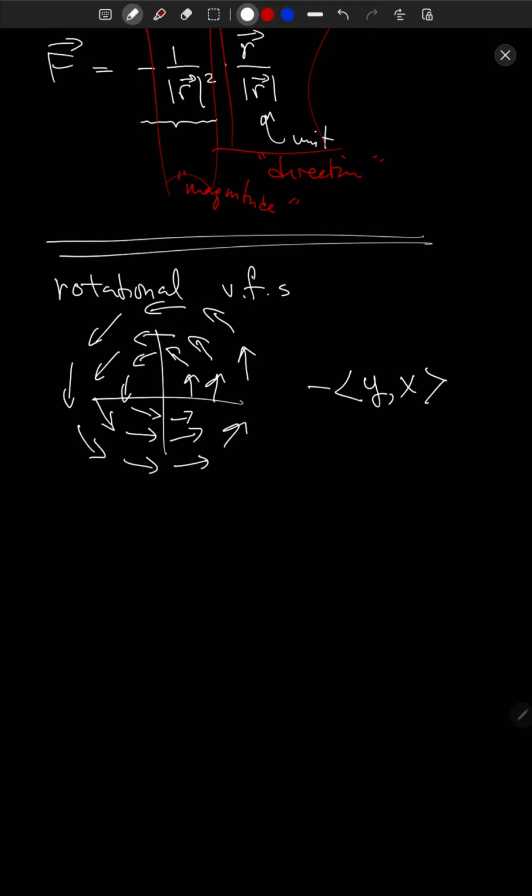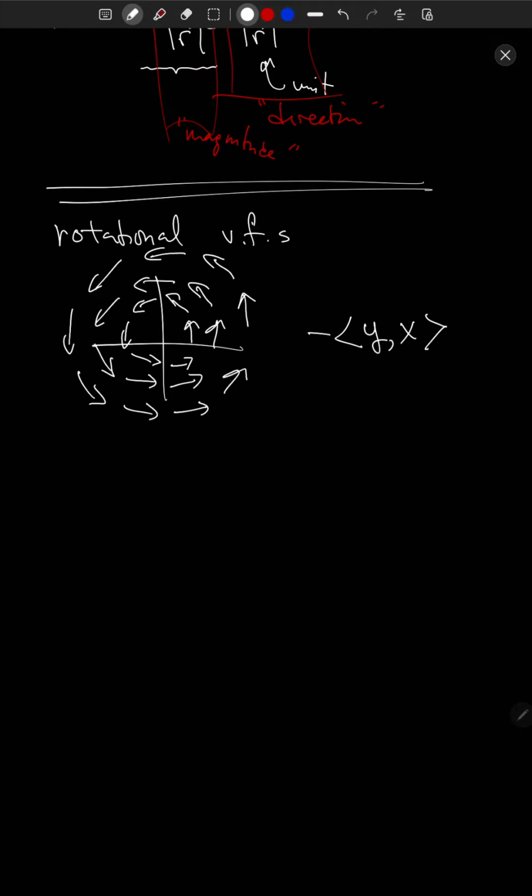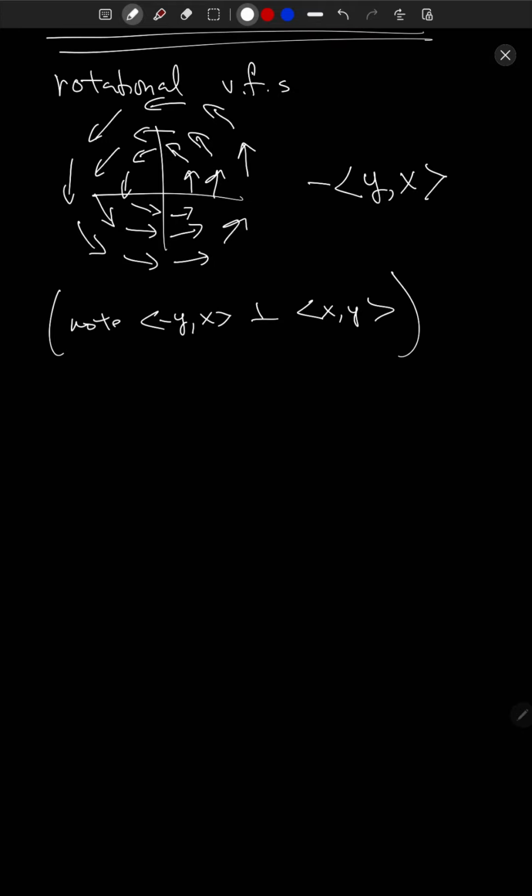How do I know that this works? Well, note minus y comma x is perpendicular to x comma y. So at every point, the vector at that point is perpendicular to the radial vector.